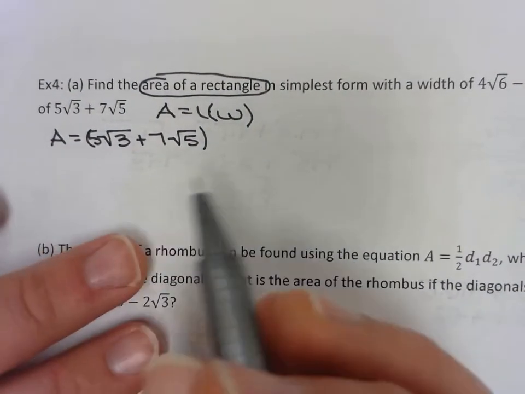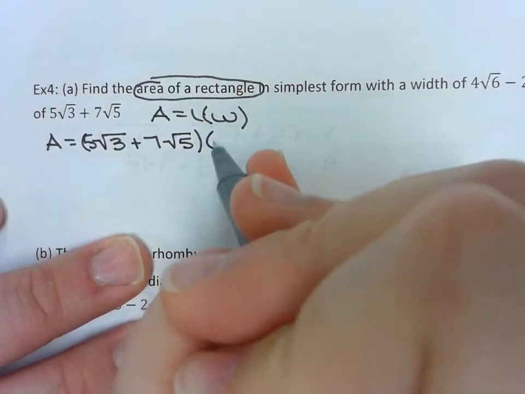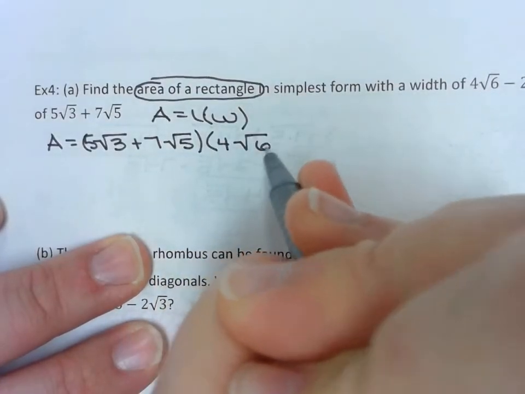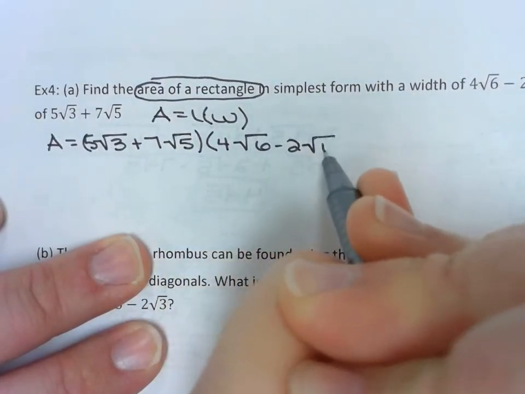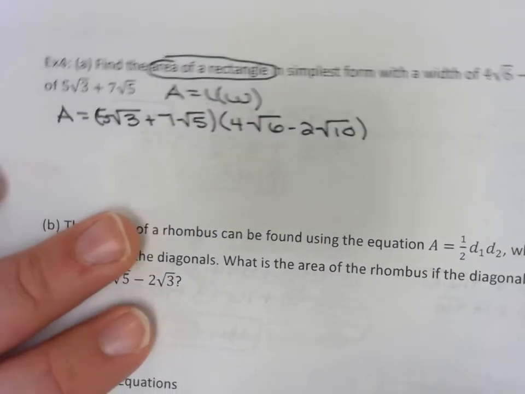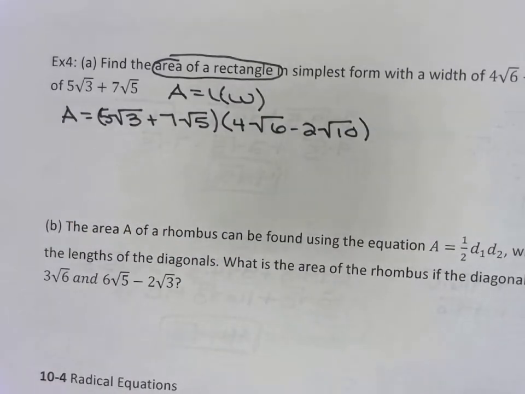So it is length times the width, which is 4 square root of 6 minus 2 square root of 10. Now, as I look at this, like we talked Monday, this is a binomial times a binomial. 5 square root of 3 plus 7 square root of 5, 2 terms, times 4 square root of 6 minus 2 square root of 10, 2 terms. We're going to have to use the FOIL, which is a fancy type of distributing.